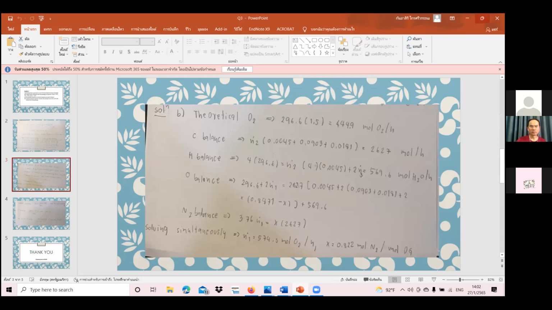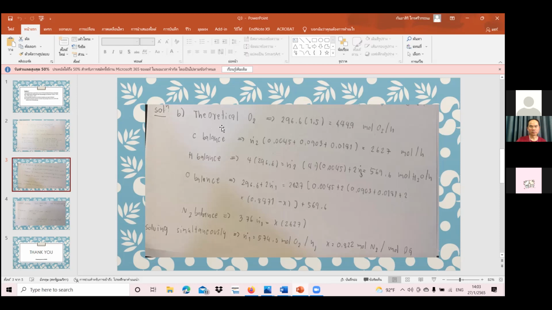Next, question B. I have to calculate the fractional conversion, percent excess air, and mole fraction of water. For theoretical oxygen, I got 444.9 mole oxygen per hour.